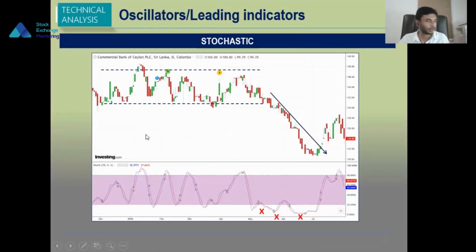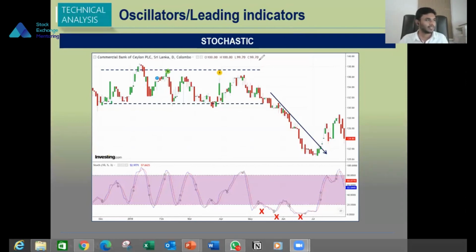I will show you an example on Commercial Bank of how this indicator works. You can see during a ranging period, when the market is having an in-between up and down trade, every time the stock hits its overbought levels it goes down, then it reaches oversold levels and reacts, and then reaches the overbought levels again.